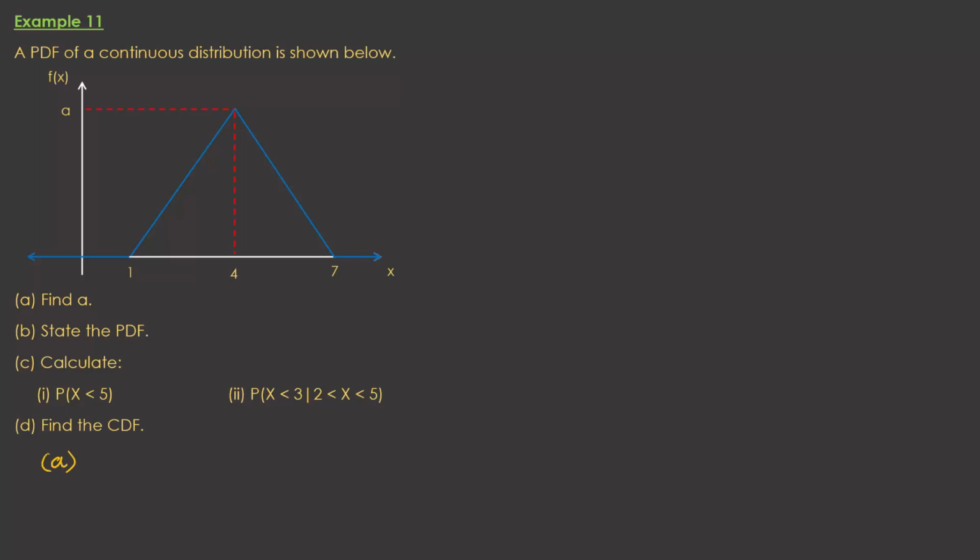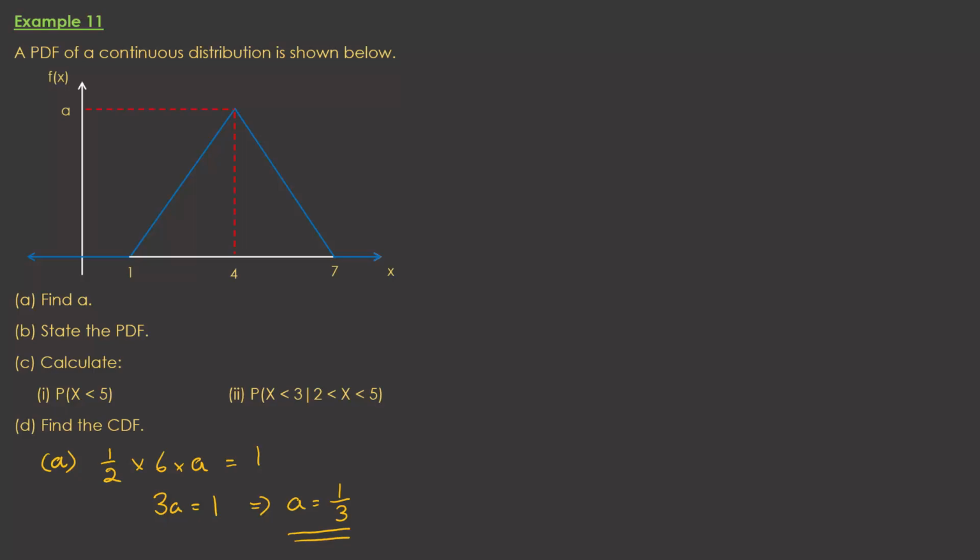So a half times 6 times the height has to be equal to 1. And of course the height was A. So that gives me 3A equals 1. And that tells me that A is 1/3.